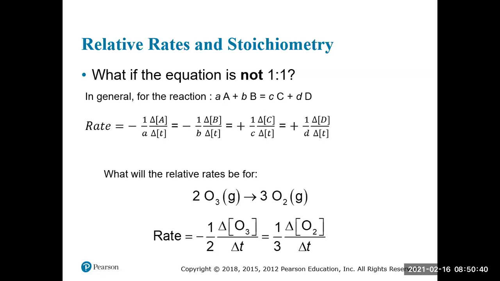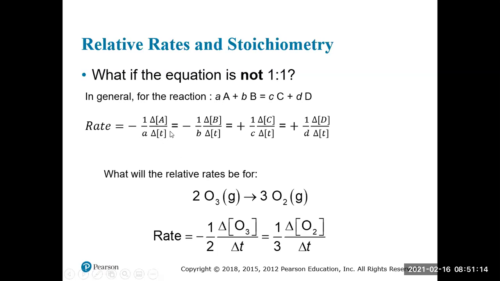The way you would express the rate in that case is you'd still have your delta molarity divided by delta T. That stays the same, but now you have 1 over whatever that coefficient is multiplying in front of it. So if the small a was 2 here, then that would be 1 over 2 times the change in concentration of A divided by the change in time.